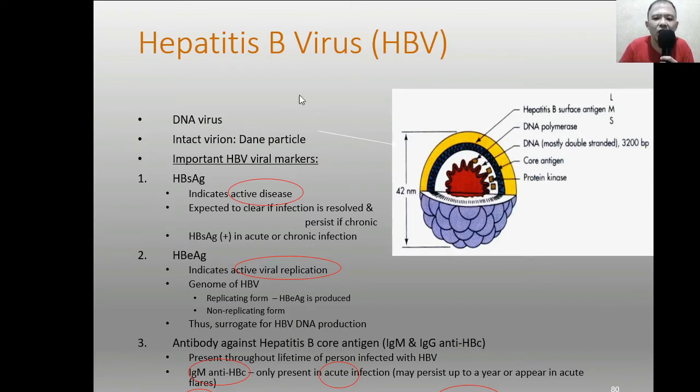This particle, the whole particle, is what we call the Dane particle. For your convenience of studying this, we assign a meaning for each antigen and antibody. So when you see a positive HBS, that means the patient is in active disease, or the patient has been infected.